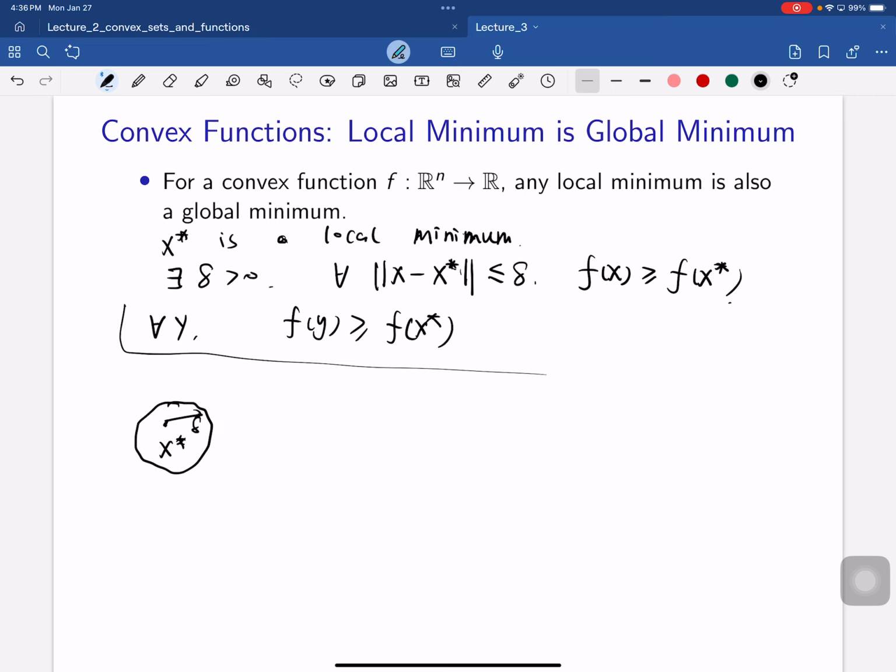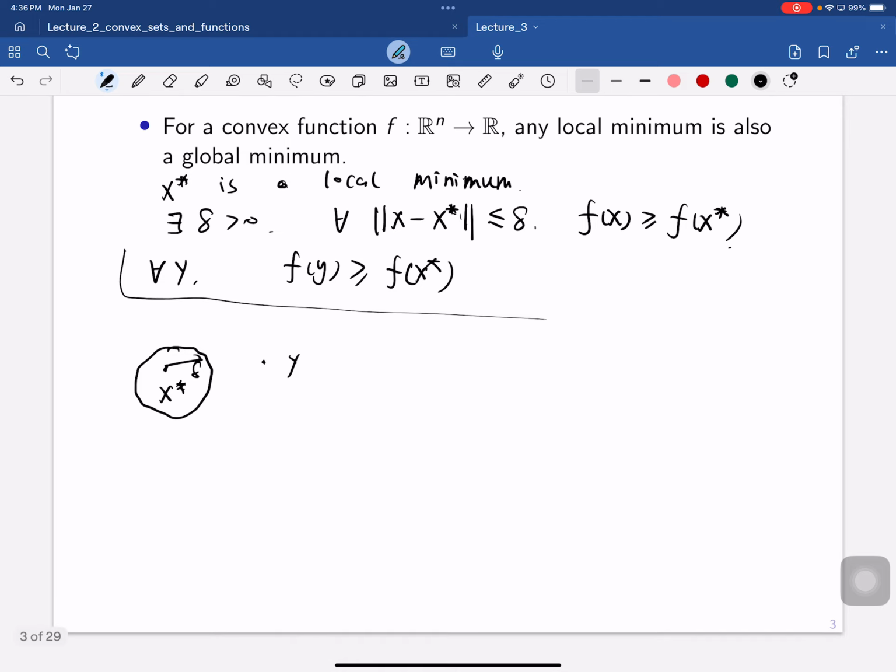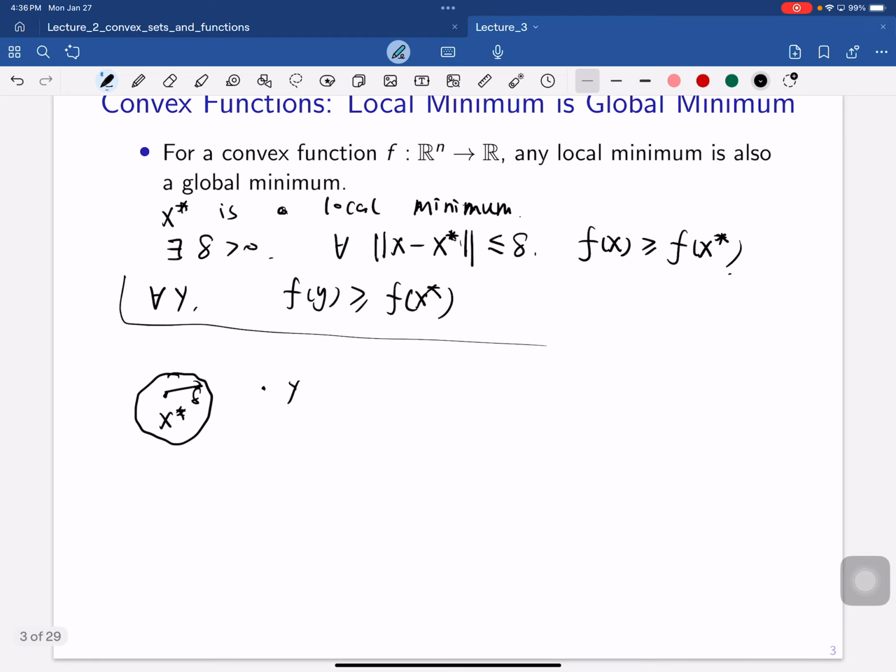And then if you pick any arbitrary y, we want to show that f of y has to be greater than or equal to f of x star as well. So intuitively, you would want to use the convexity property. So by convexity, what you can show is, let's say you have, maybe let's pick delta.